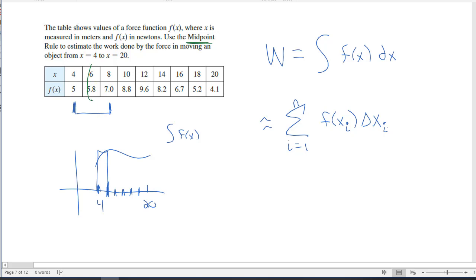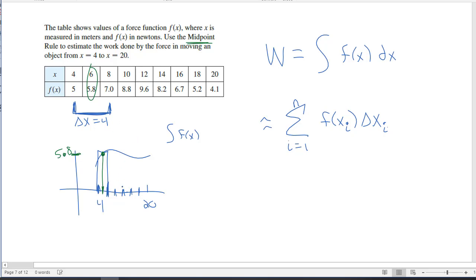And the middle value, let me switch to green, the middle value is my midpoint. So here would be my midpoint. That gives me a rectangle that has a height of, let's say, 5.8. And the width of this rectangle is the distance between my two endpoints. So I'm going from 4 to 8, so my delta x is a distance of 4.